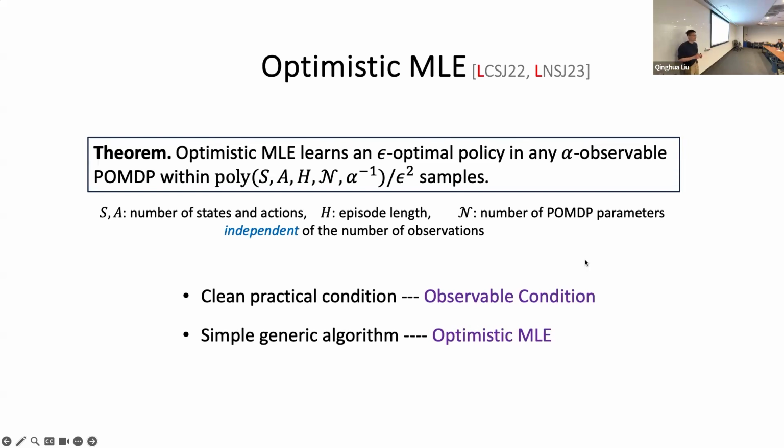Some apparent, naive fix is you can do some binary search, right? Each time you double your guess over the number of states. But the difficulty of analyzing this modified scheme is you don't know when to stop. You don't know when we reach the true number of states. That's the main challenge.